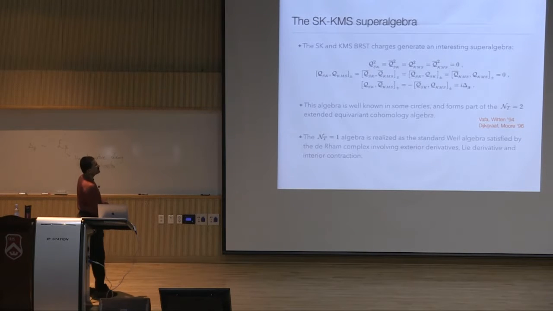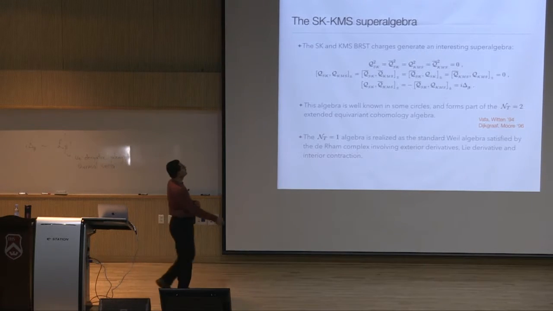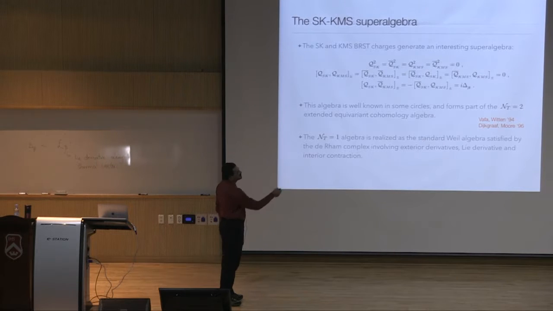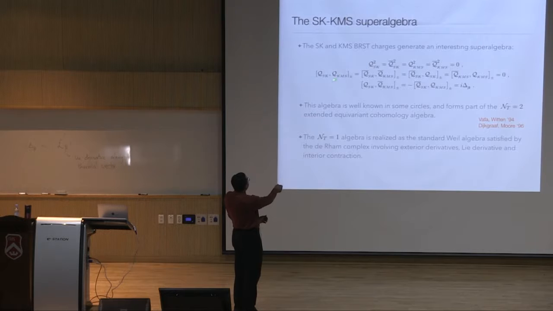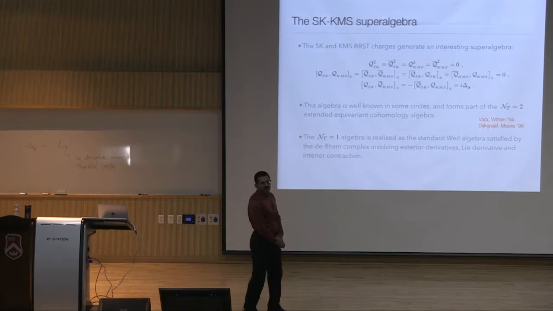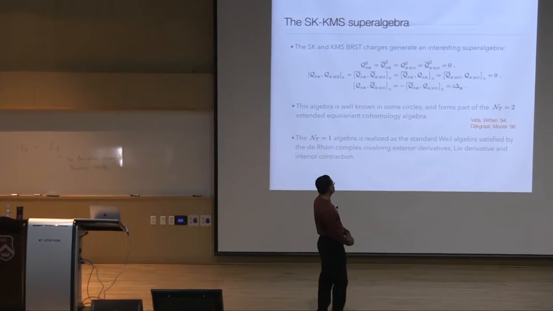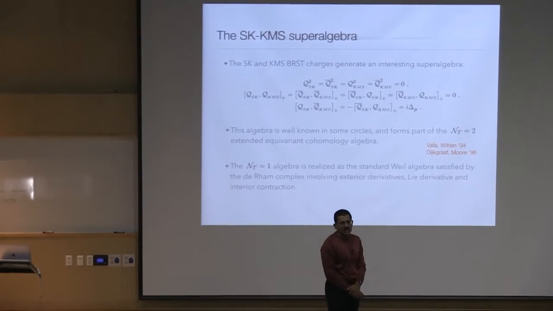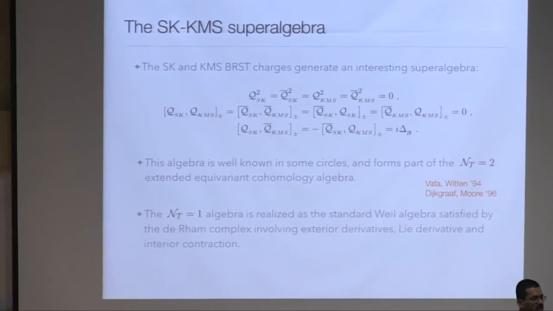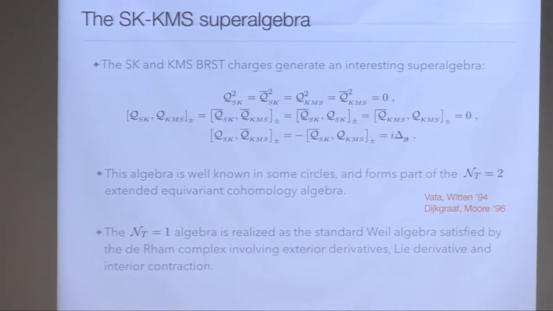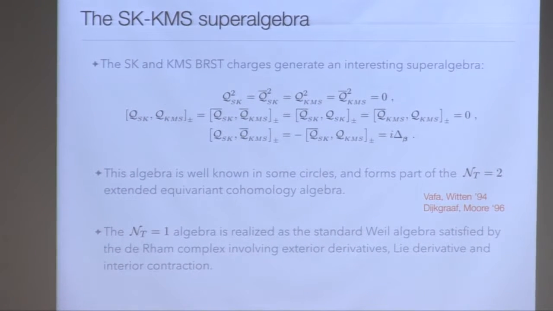If you go ahead and compute, ignore the second part of the slide, you will find that all these four charges square to 0. And if you take a Q with a Q, or a Q-bar with a Q-bar, you'll get 0, and it better happen that way because the Qs have ghost number +1, and the Q-bars have ghost number -1. Ghost number conservation tells you that this line is also obvious.